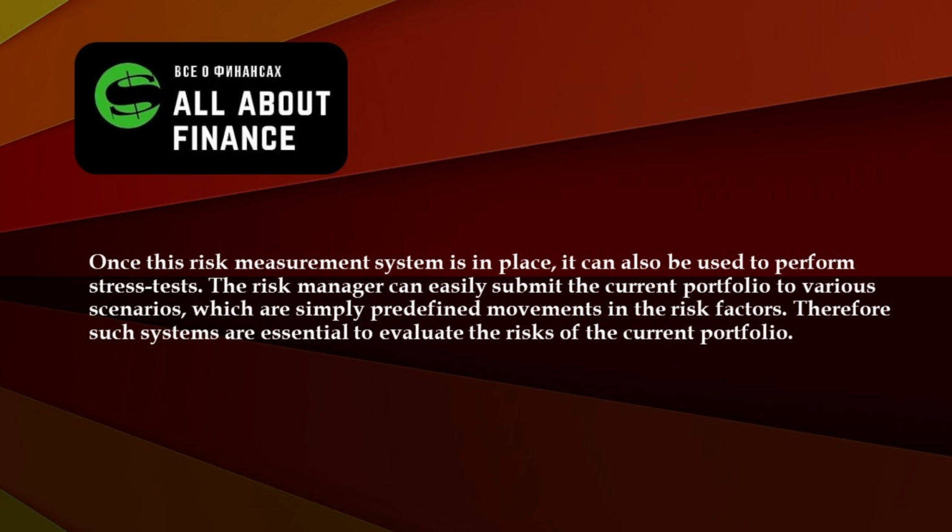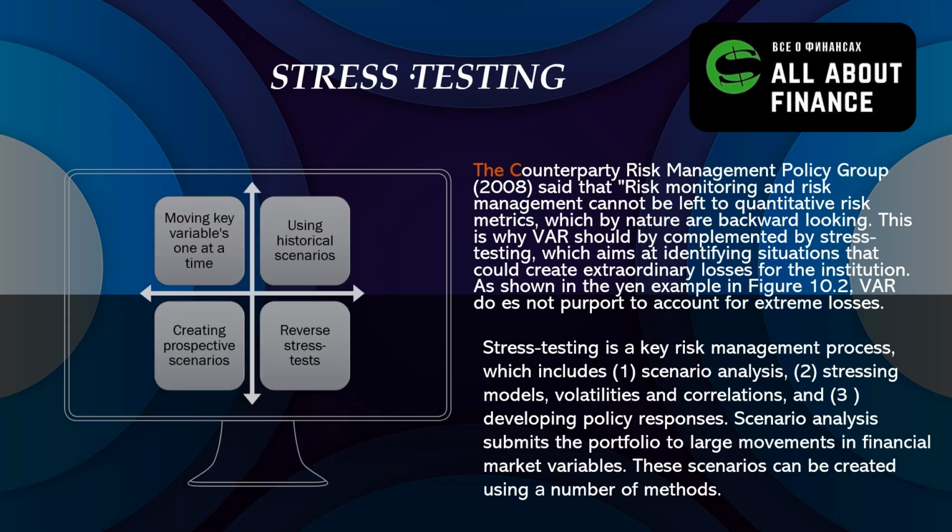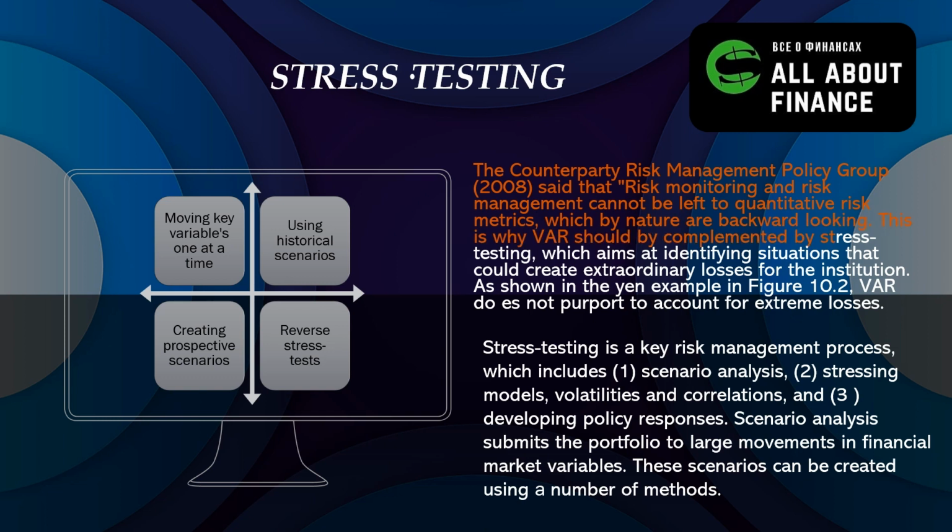Stress testing. The Counterparty Risk Management Policy Group said that risk monitoring and risk management cannot be left to quantitative risk metrics, which by nature are backward-looking. This is why VAR should be complemented by stress testing, which aims at identifying situations that could create extraordinary losses for the institution.